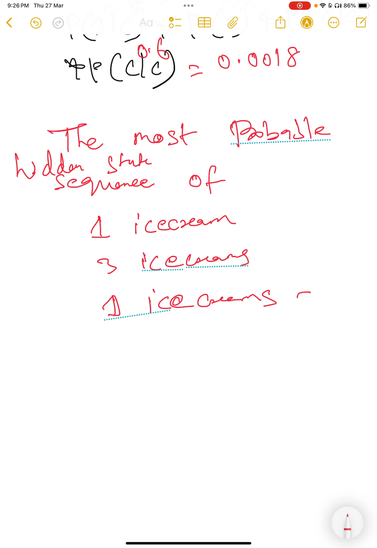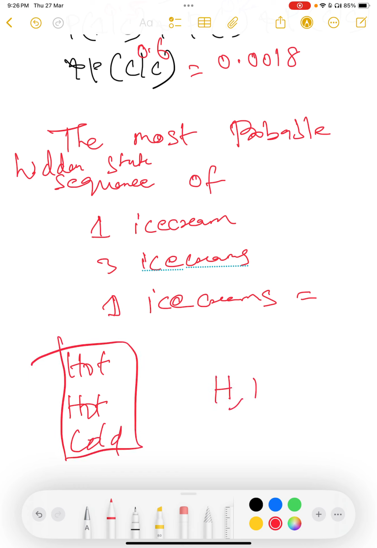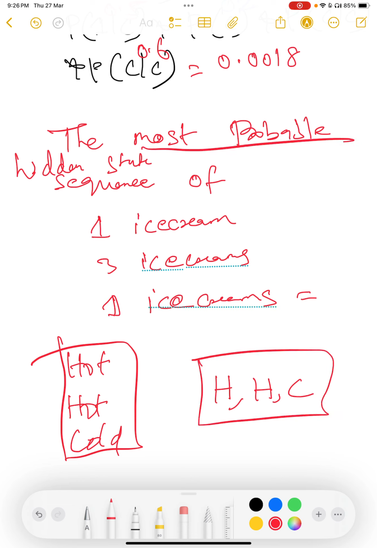It should be hot, hot, cold. HHC, right? So we got HHC as the most probable hidden state sequence, hot, hot, cold. That's the answer. So thank you very much.